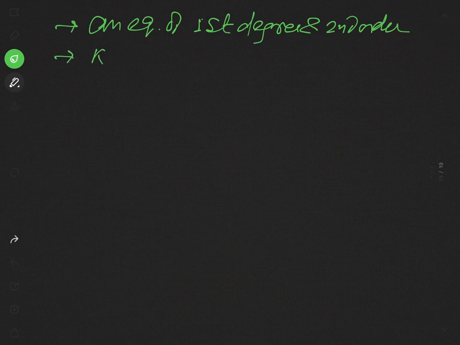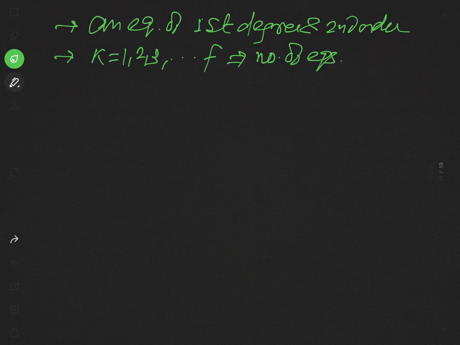Again, another important fact is what? As k equal to 1, 2, 3, and so on up to f, this implies the number of equations is f. So if the system has f degrees of freedom, then there will be f Lagrange equations for the system.